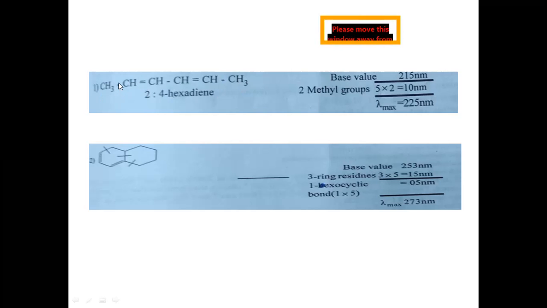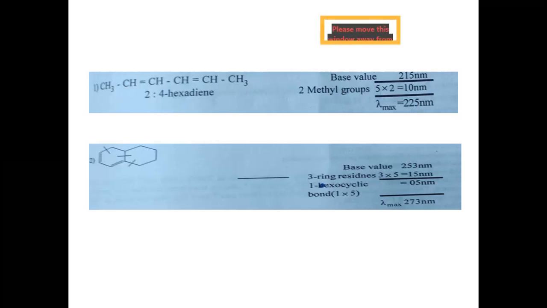Therefore, a second alkyl substituent. So the base value is 215 nm, with two methyl groups, or two alkyl substituents. Now the value will be 10. So 215 and 10, 225 nm. Okay.